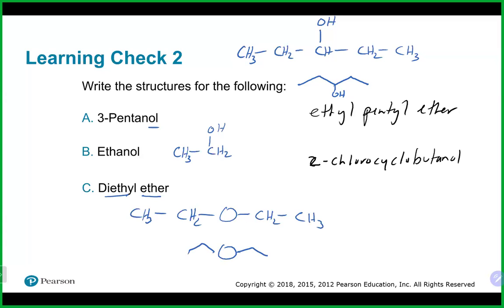Now here again, an ether is carbon, oxygen, carbon. So I'm going to start with my oxygen in the middle. Ethyl is a 2 carbon group, and it doesn't really matter which side you put it on, so I'll put it over here to the right. So we'll go with 2 carbons. Pentyl is a 5 carbon group, so 2, 3, 4, 5. Try to squeeze it in there.